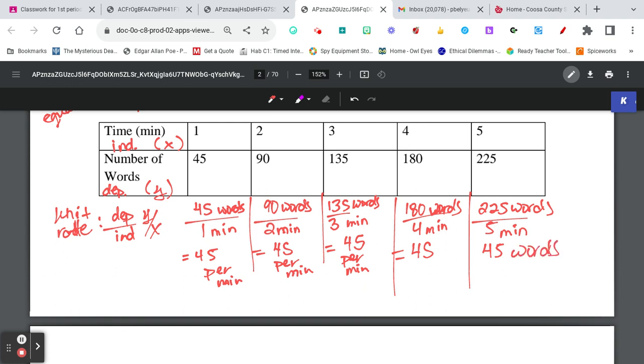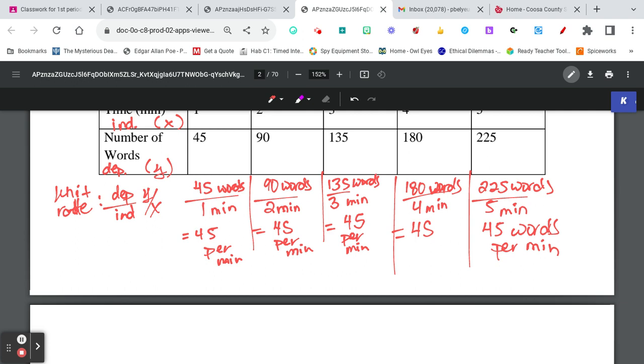So since their speed remained constant, we say it's what? Proportional. That's all that means. Their unit rate in this particular case is words per minute, which is the typing speed. So their typing speed remains constant, so we say it's proportional.